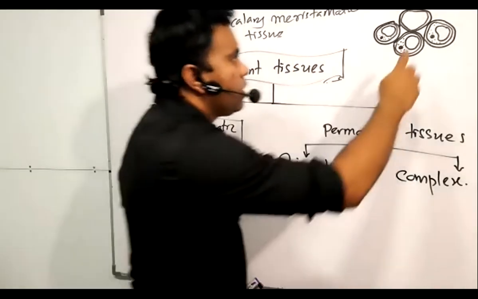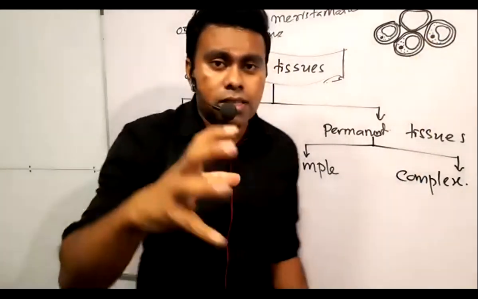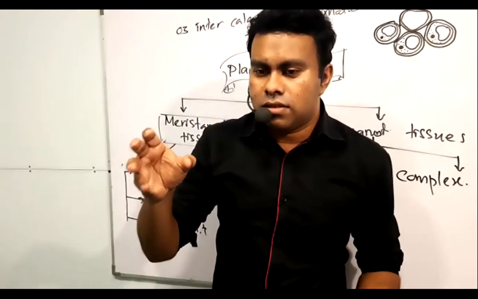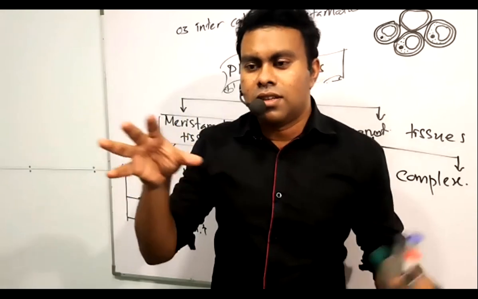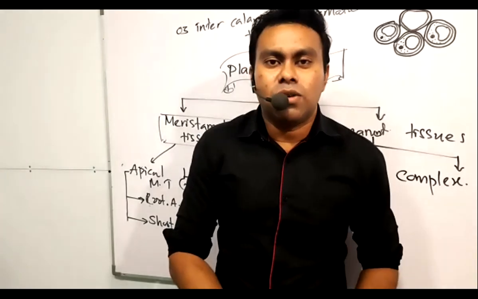So you can observe a large amount of spaces. These spaces are known to be intercellular air spaces. So they possess a lot of intercellular spaces.